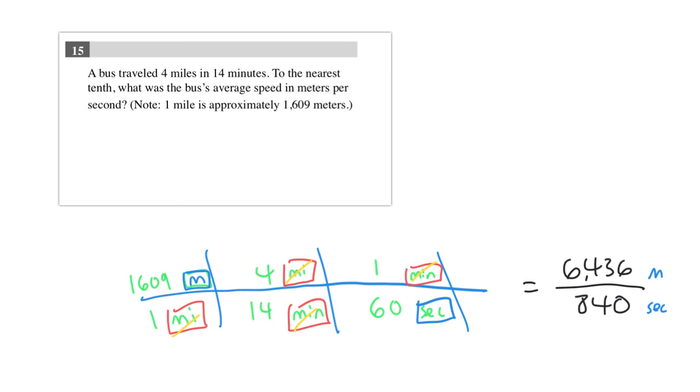So this I will plug into my calculator. 6436 divided by 840 is 7.6. It's really 7.66, but they want to round it to the nearest tenth, so we're going to do 7.7, and it's still meters per second. Okay, so that's an example of how you would do this one.